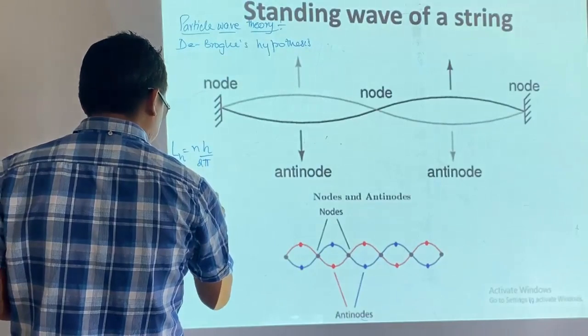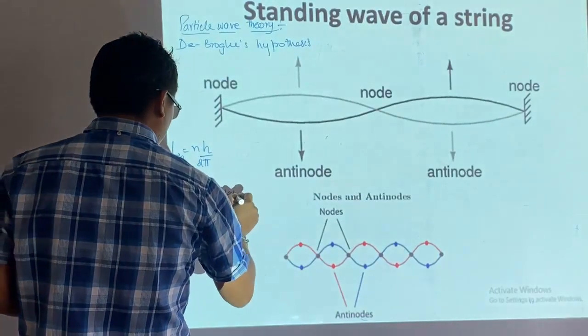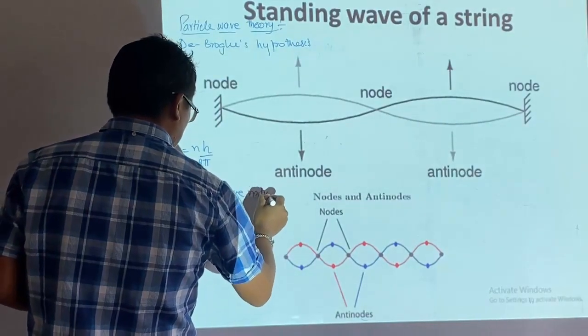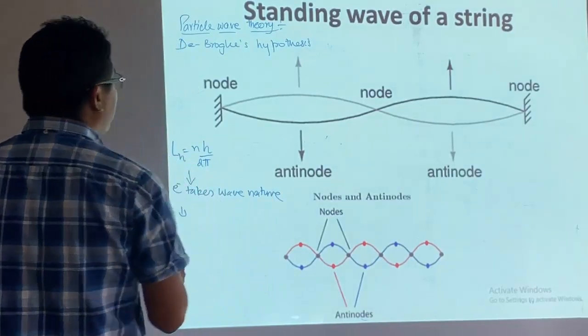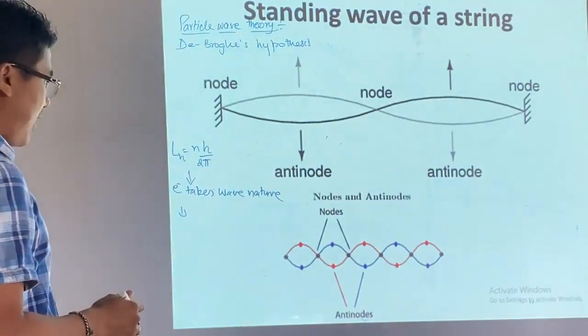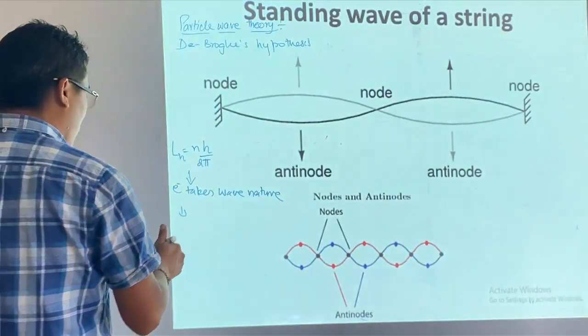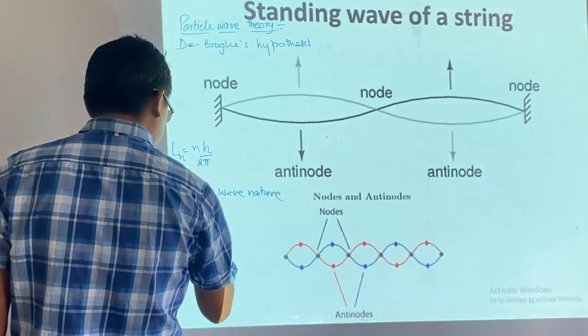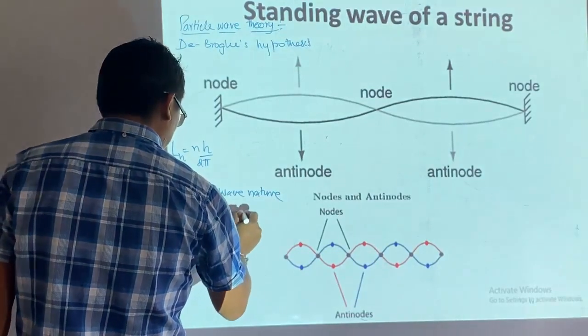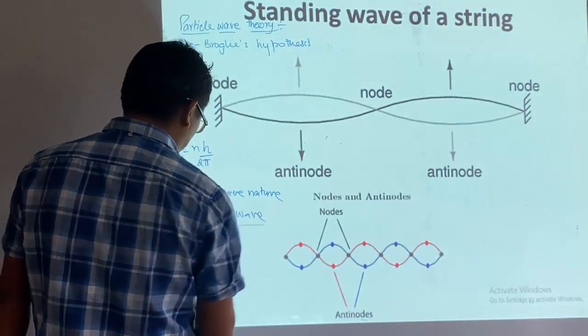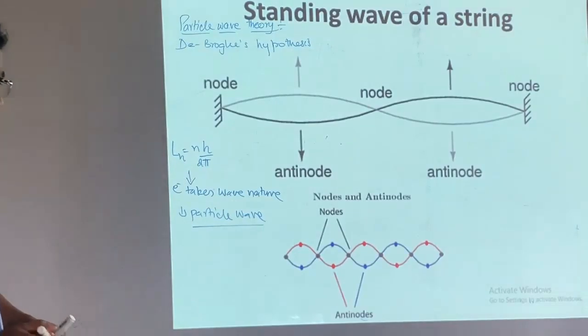What I call particle waves. Particle wave, while the electron is going around the nucleus.